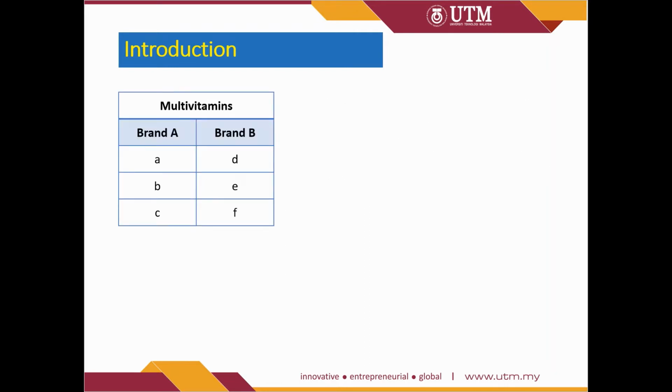For example, if we want to compare different brands of multivitamins, we have brand A and brand B. So we need one sample from brand A and another sample from brand B. In this case, the factor is the multivitamins, where this factor has two levels, which are brand A and brand B. The number of levels we denote as K. So here we have K equals 2.